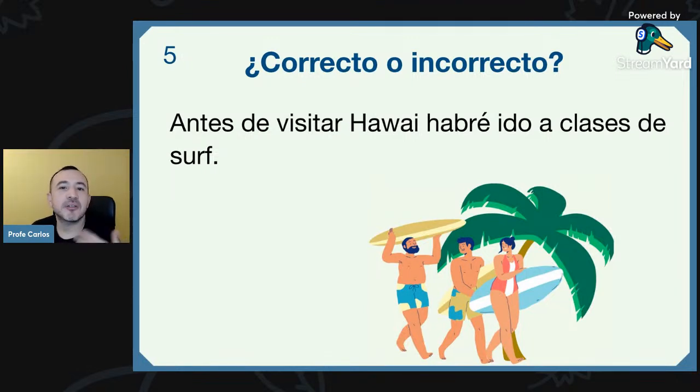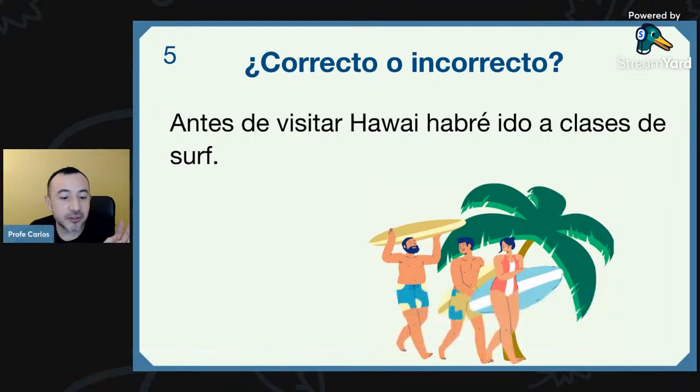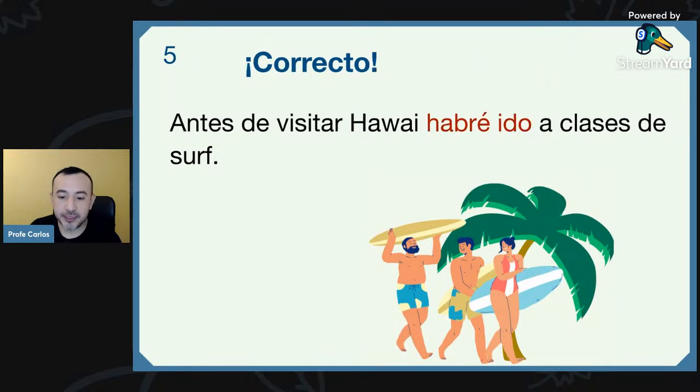Si es incorrecto, ¿cómo podemos corregir? Tenemos a Jim que nos dice que es correcto. Pudding Smart, correcto. Julia, correcto. And this is completely correct. Muy bien, Hazel. Antes de visitar Hawái, habré ido a clases de surf.